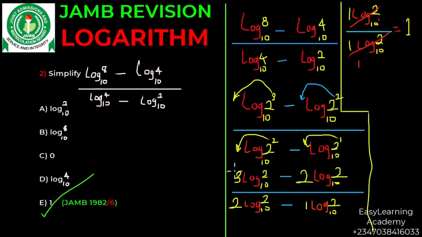For the denominator, the power here came behind to multiply, becoming 2 log 2 base 10, minus this one, where we did not have a power, we just know that it's 1, so that came behind to multiply 1 log 2 base 10. So everything is common, things are the same. We subtract 2 from 3, and that gave us 1 log 2 base 10. Subtracting in the denominator, we also had 1, and they are the same, so they cancel each other. We had 1 as our option.